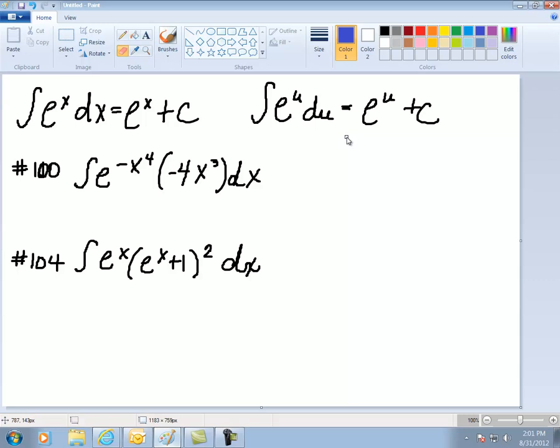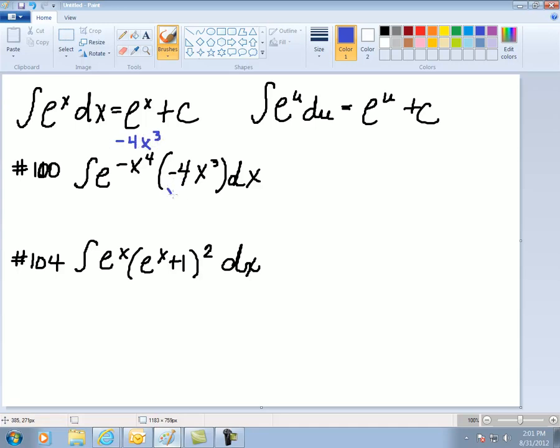So I have a couple of examples here. The bottom line is you need to have the derivative of what is in your exponent in order to integrate this. So first thing I'm going to do is look at my exponent, and here it's minus x to the fourth. And if I think of what the derivative is of that, I know it's minus 4x cubed, so I need to have that.